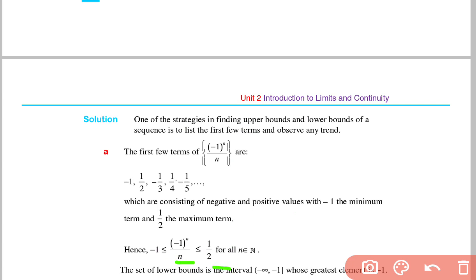Between -1 and 1/2, 1/2 is an upper bound and -1 is a lower bound because it's included.